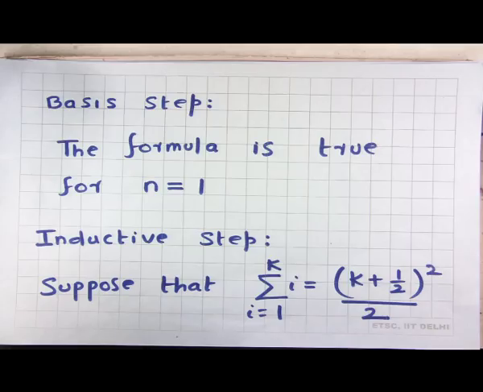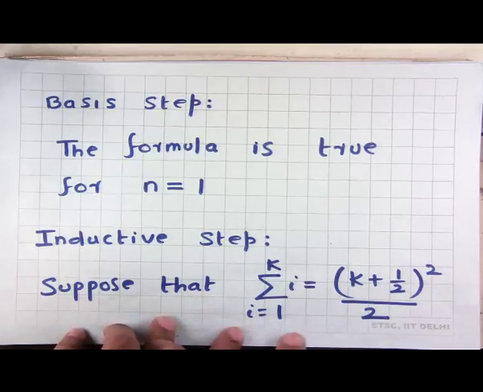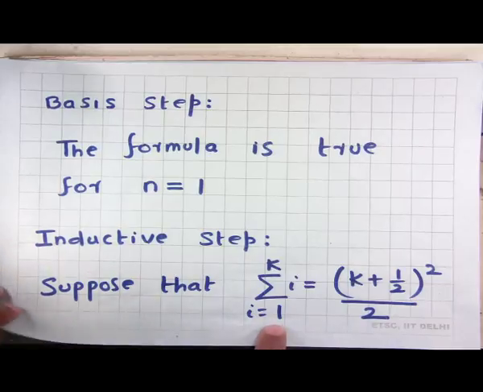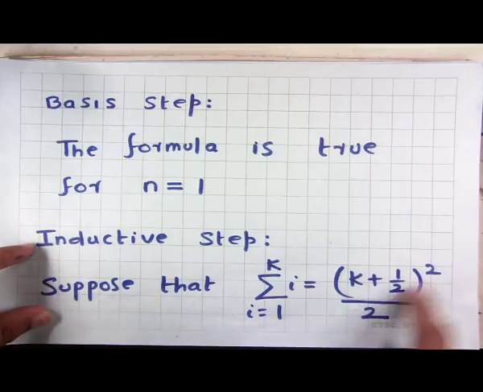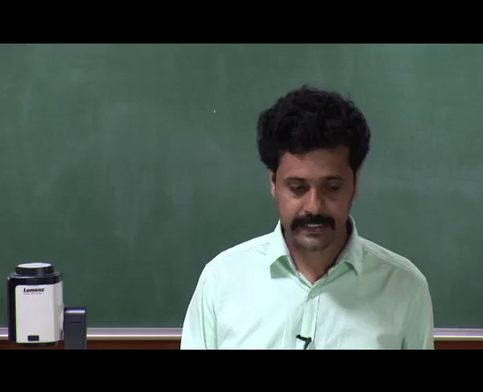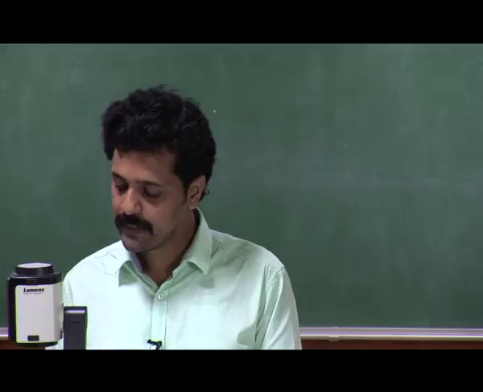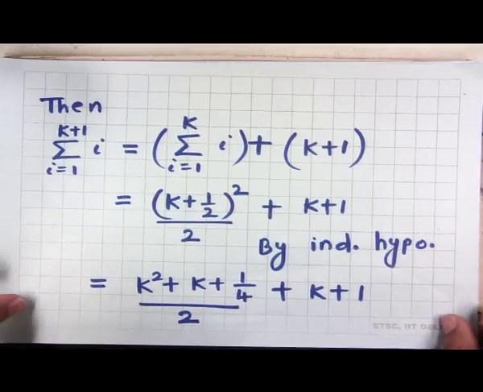Basis step, the formula is true for n equal to 1. Now, in the inductive step, I assume that it is true for n equal to k, that is, the sum of first k positive integers is (k plus half) the whole square by 2. This is the inductive hypothesis. With that inductive hypothesis in hand, we are trying to prove the result for n equal to k plus 1.